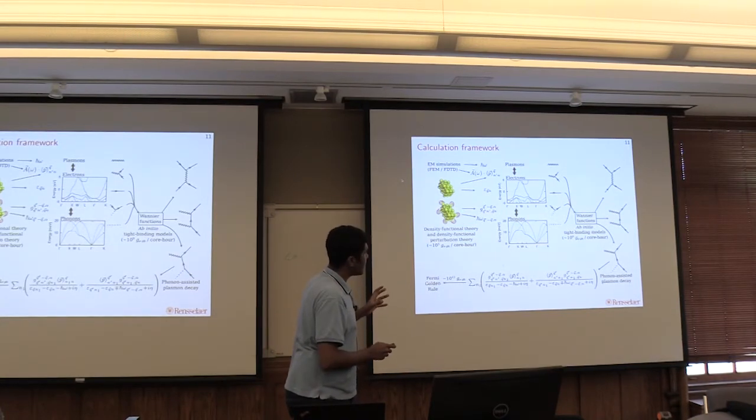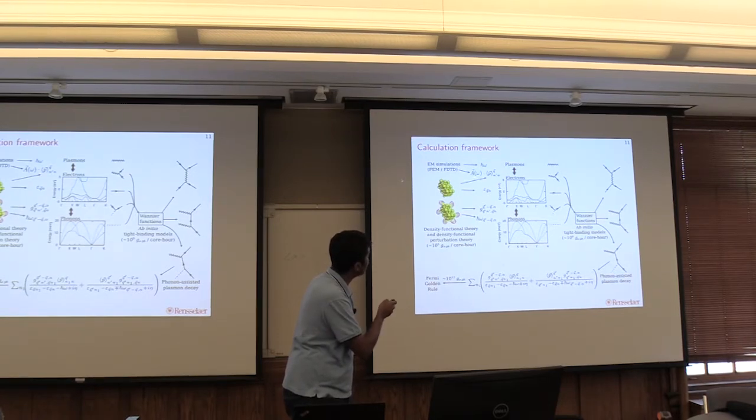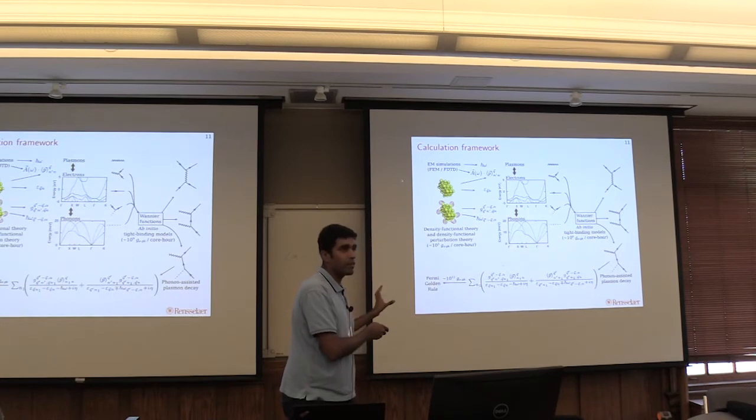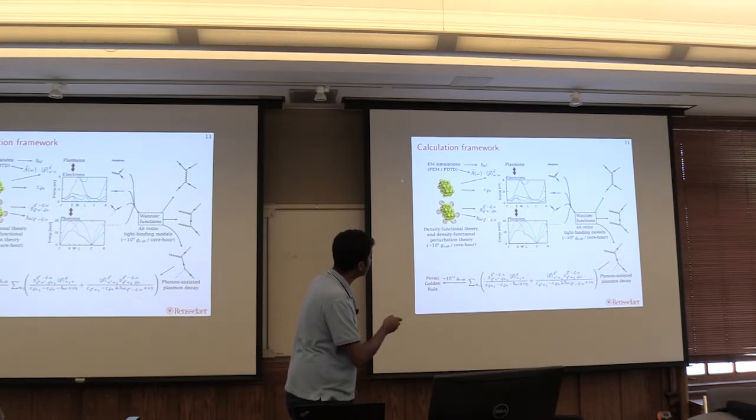But basically what we need to do to capture this entire picture is to do plasmons on the higher length scales. We need electromagnetic simulations, which give us the photon energies, the matrix elements for coupling photons, and the electromagnetic field profiles. On the lower end, we have density functional theory, which we'll discuss briefly, which gives us the electronic band structure, as I showed you here, and the matrix elements for coupling electrons to light and to phonons.